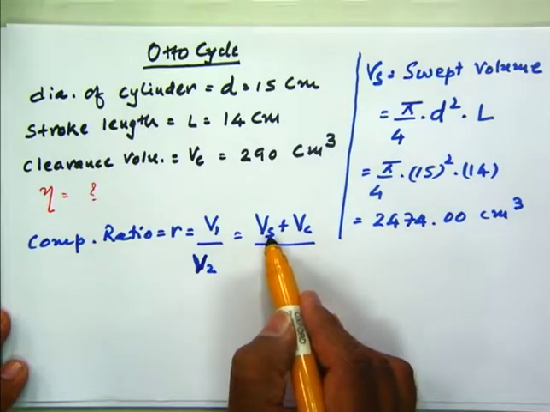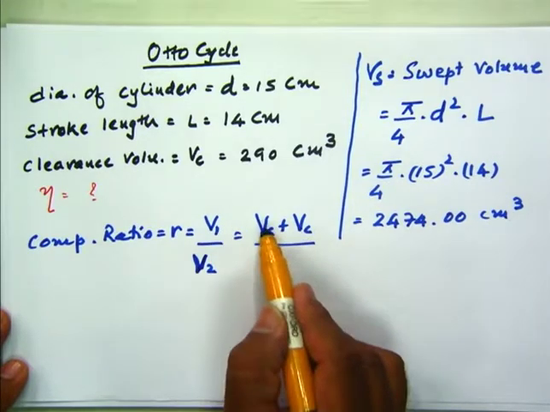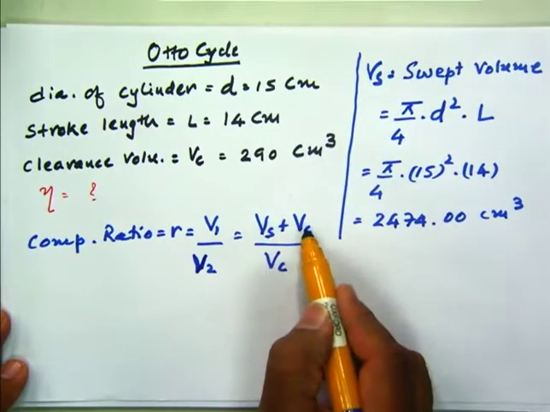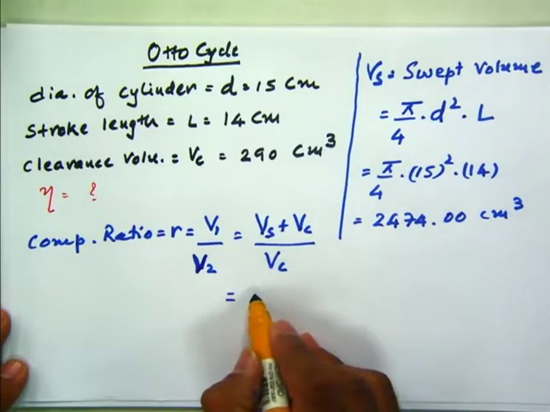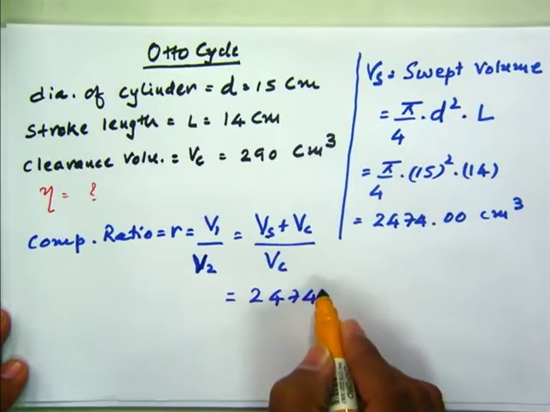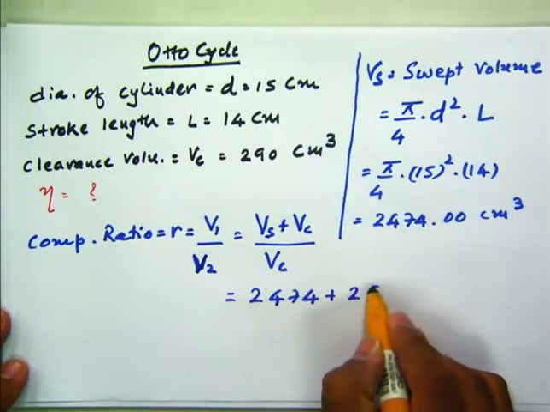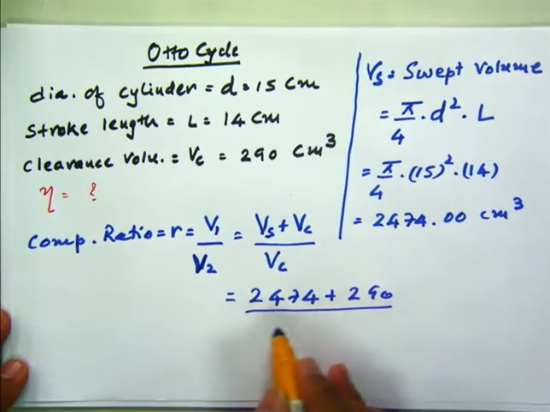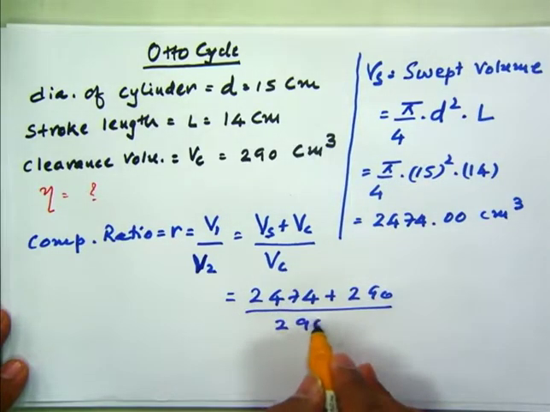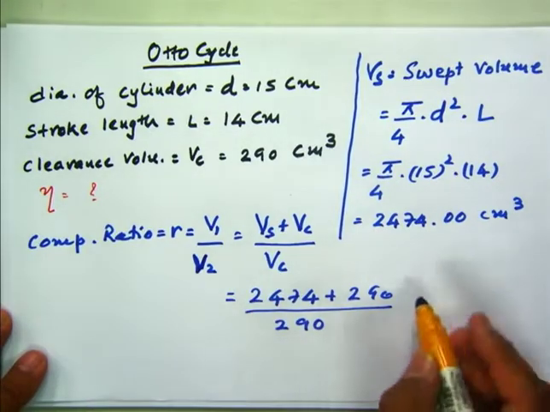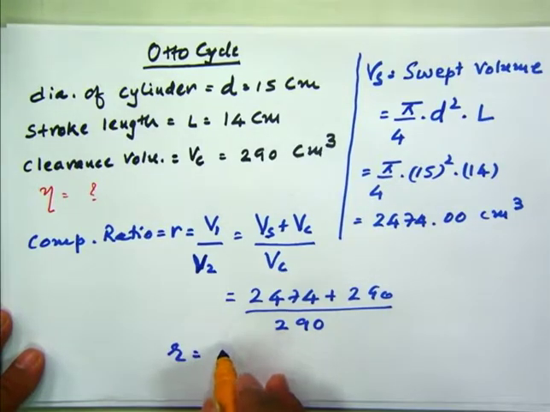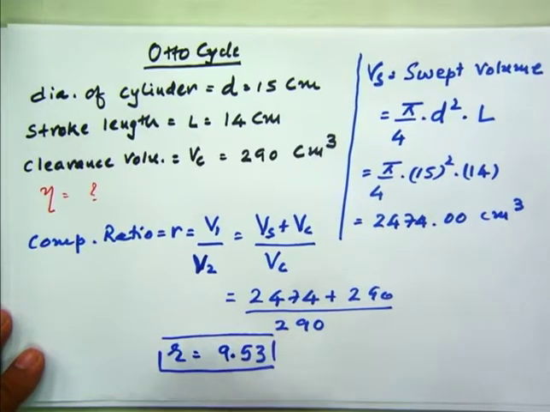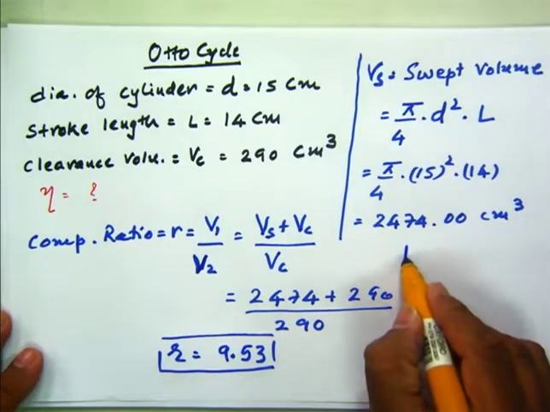V1 we have already seen during the theory part, Vs plus Vc, that is swept volume plus clearance volume upon Vc. So this is equal to 2474 plus 290 upon 290 clearance volume. This comes R is equal to 9.53.